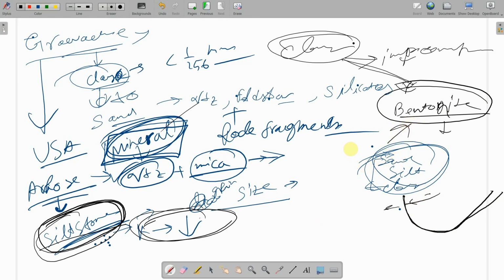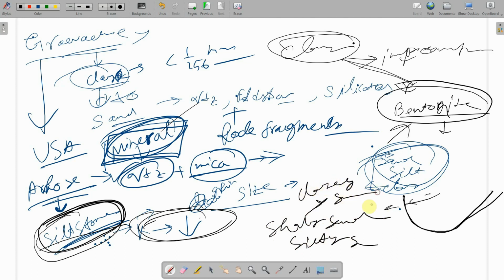So clay basically acts as an impermeable layer. In nature you won't find in most cases that it's totally sandstone. Sandstone could be shaly sandstone or silty sandstone, or for loose sediments, shaly sand, clayey sand or silty sand.